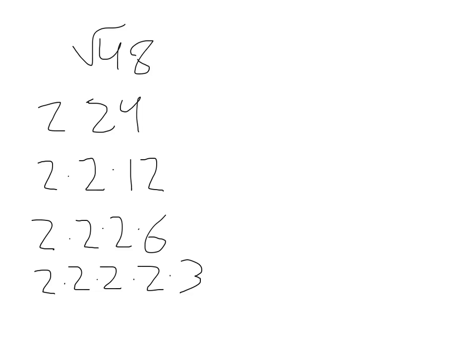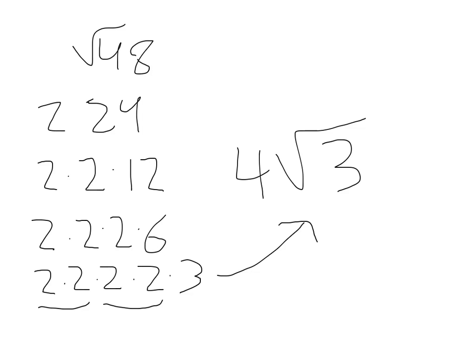So now we have two pairs of 2's. So you have 2 times 2 is 4, so you have 4 root 3, the 3 goes over there. So that's the simplified version of the square root of 48.